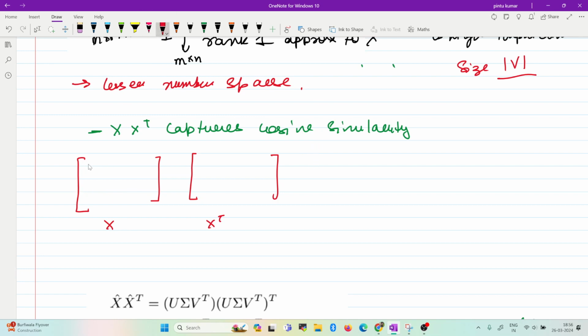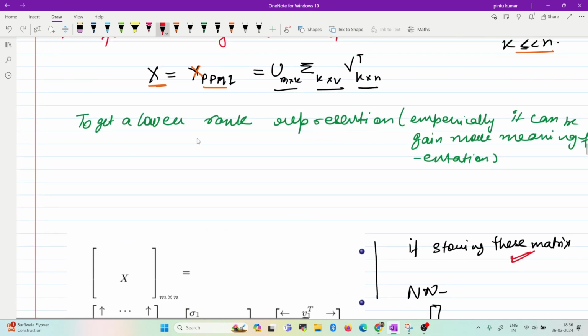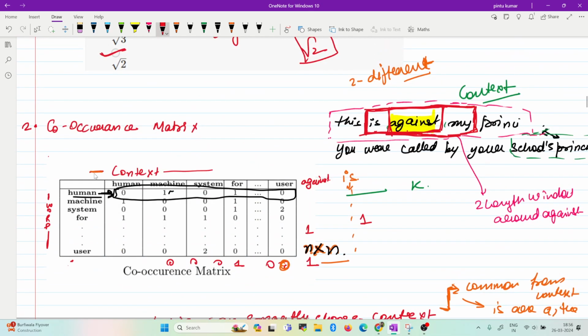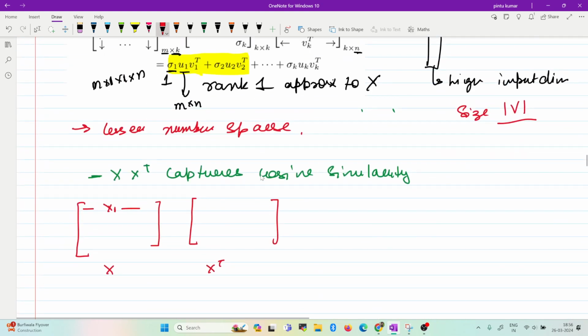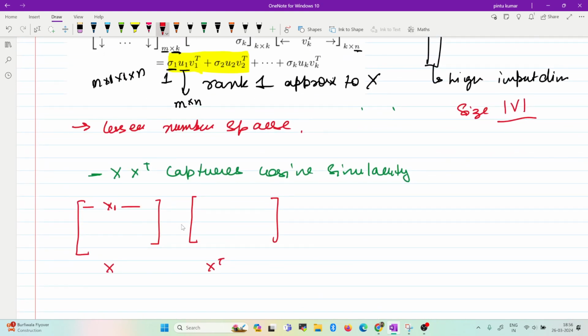Let's say this is my representation for the first word. This is how my representation for the first word looks like, if you remember this co-occurrence matrix. A row would correspond to a representation of that particular word, and a column would correspond to a representation of a context. So this is row 1, row 2, row 3.